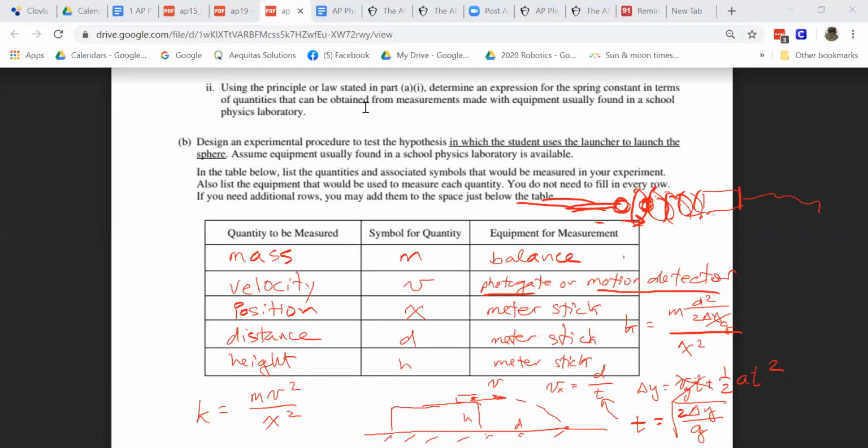There are 3 different ways of doing this. This method right here is the most complicated, right? Because you have to use kinematics, projectile motion and all that kind of stuff. But you only need a meter stick and a balance to do the lab. And this actually would be a pretty good lab.